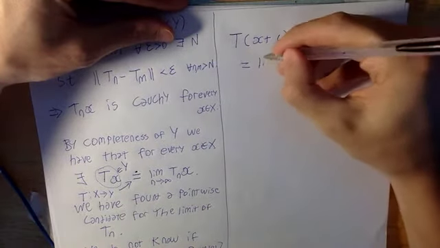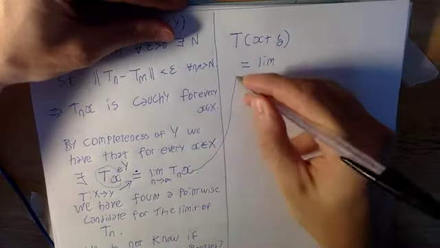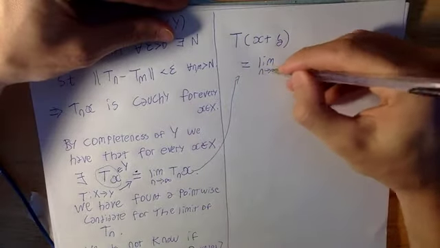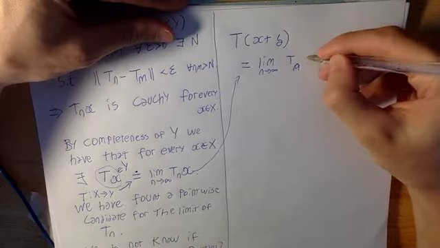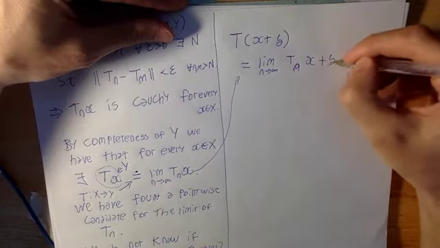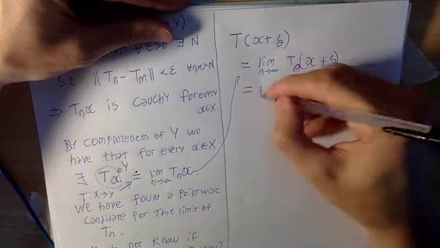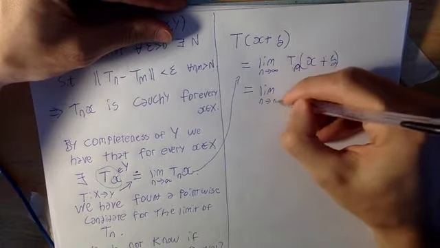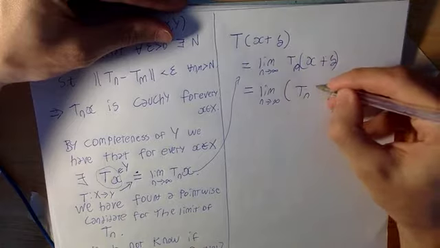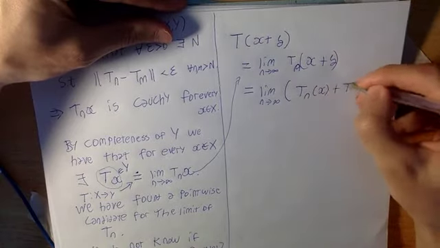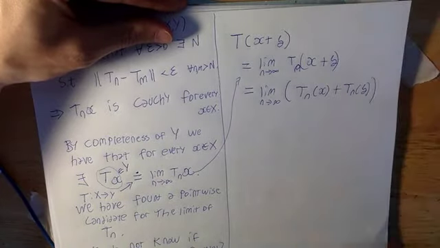But this is, by definition, the limit when n goes to infinity of Tn of x plus y. Now we use the linearity of Tn to say that this is the same as the limit when n goes to infinity of Tn of x plus Tn of y.